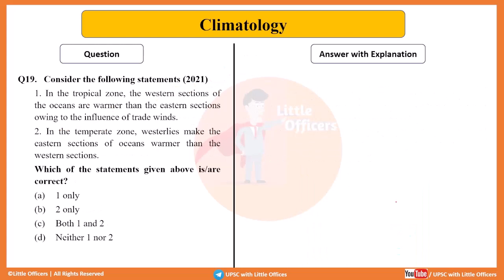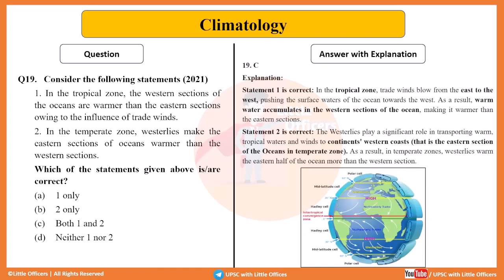Now, consider the following statements. In the tropical zone, the western sections of the oceans are warmer than the eastern sections owing to the influence of trade winds. In the temperate zone, westerlies make the eastern sections of the oceans warmer than the western sections. See, both these statements are right. In the tropical zone, let's say this is the tropical location and this is the western side.